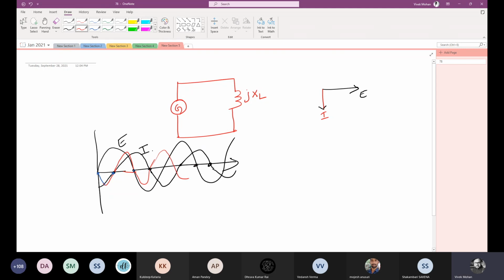Now, if this is my power, here you can see both positive power values and negative power values. The power P consists of a series of identical positive and negative pulses. The positive waves correspond to instantaneous power delivered by the generator to the reactor, here the load.